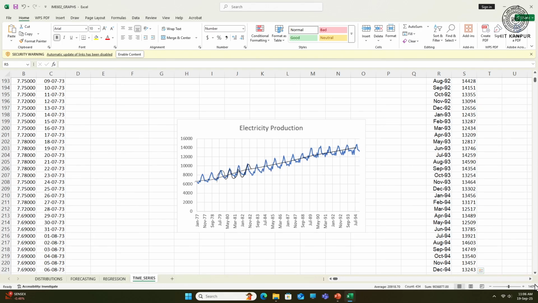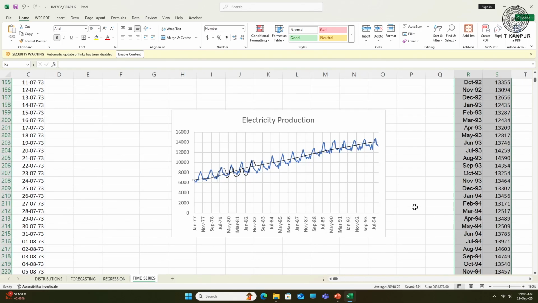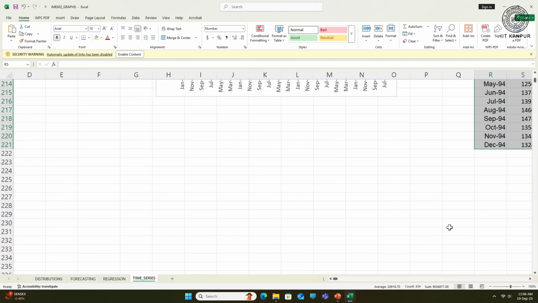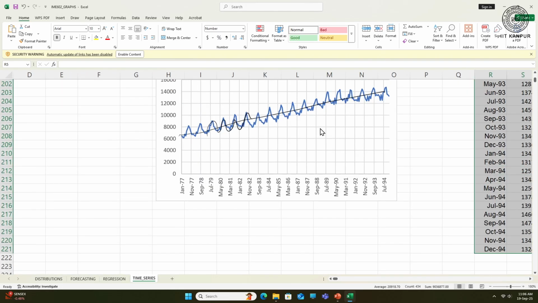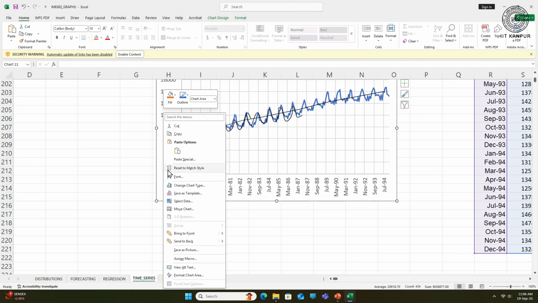I just zoom in a little bit more for better appreciation of this diagram by all of you. So, there is a cyclicity, it goes on. So, the data would be there, obviously you can work on that.